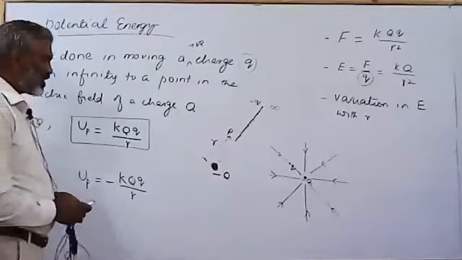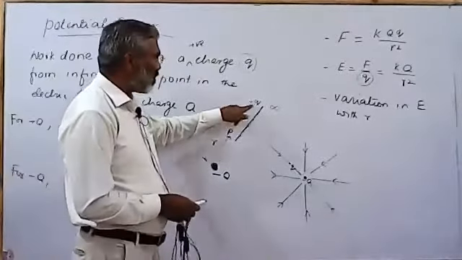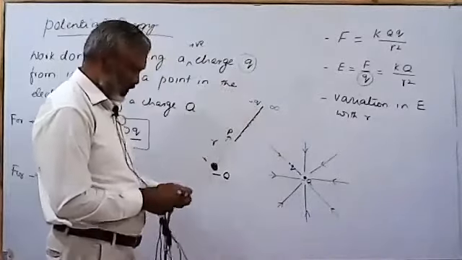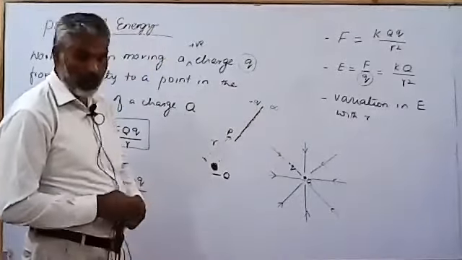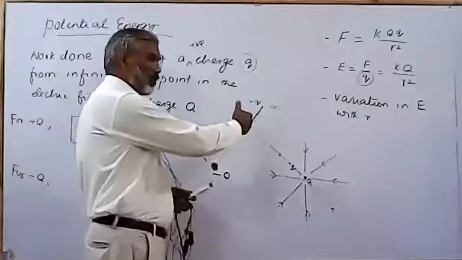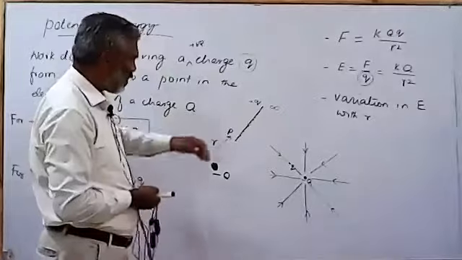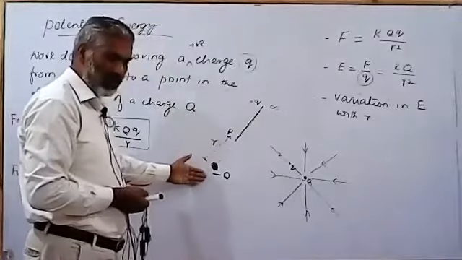That simply means that now if you move a positive charge q from infinity to this point, you actually hold it from accelerating towards it, because there is an attractive force between a positive charge and a negative charge here.